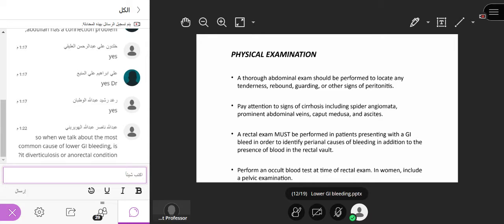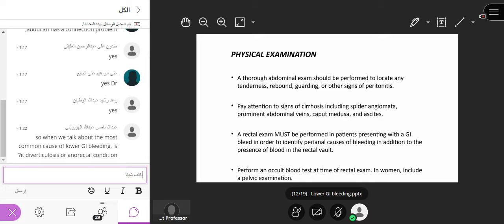More physical examination: a thorough abdominal examination should be performed to locate any tenderness, rebound, guarding, or signs of peritonitis, because there may be bleeding inside after trauma or for any other reason. Pay attention to signs of cirrhosis, as we have discussed, including spider angiomata, spider nevi, prominent abdominal veins, caput medusae and ascites.